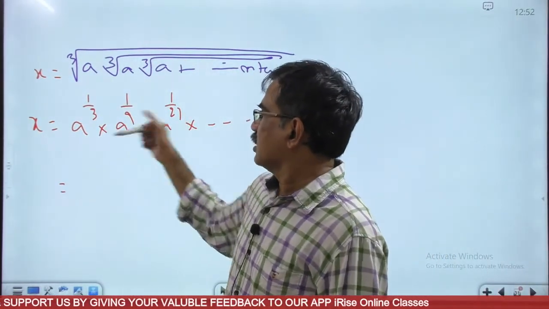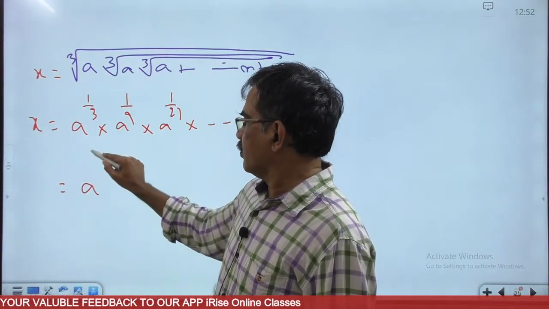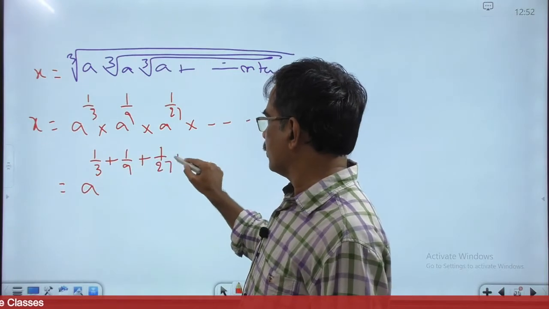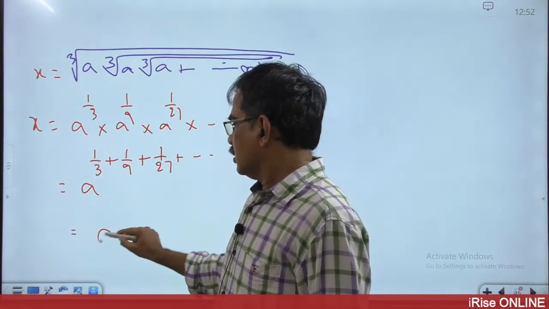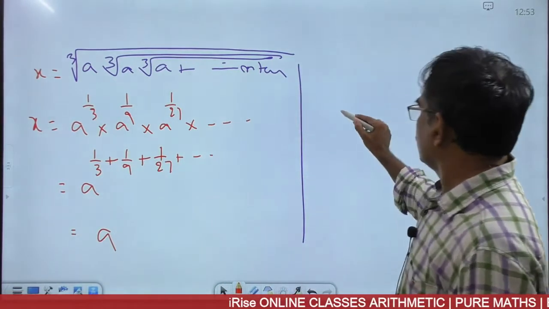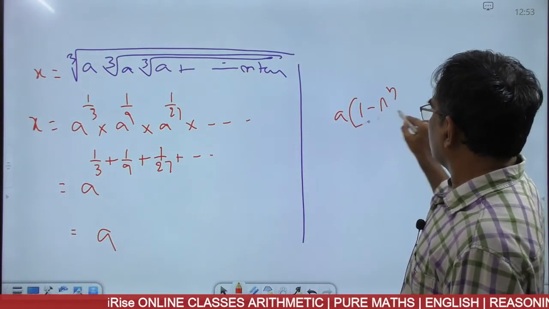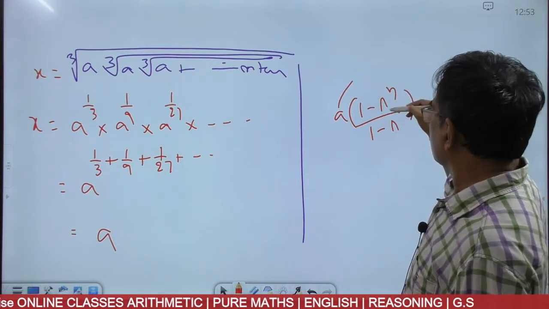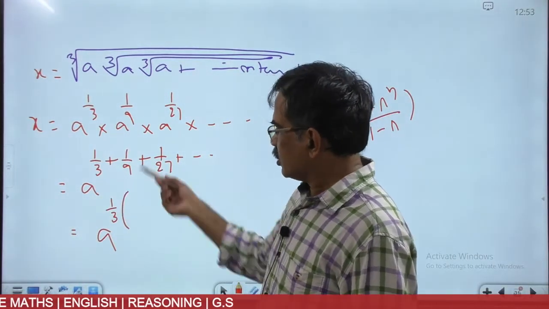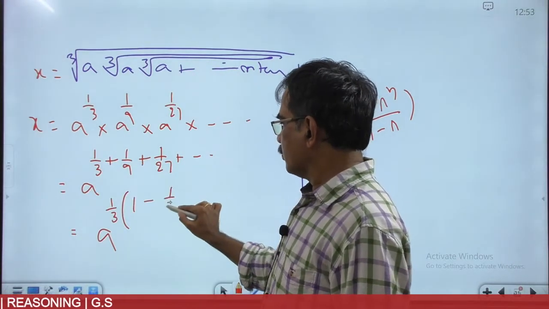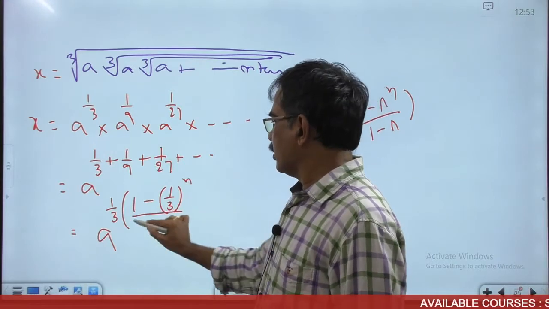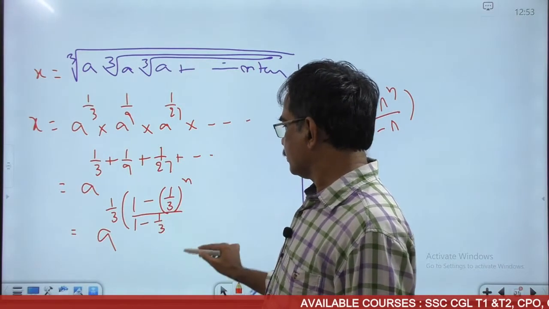So this is about geometric progression: a power 1 by 3 plus 1 by 9 plus 1 by 27 plus n terms. Apply the formula a into 1 minus r power n by 1 minus r, where a is the first term, r is the common ratio. First term is 1 by 3. Common ratio is also 1 by 3. 1 minus 1 by 3 whole power n by 1 minus 1 by 3.